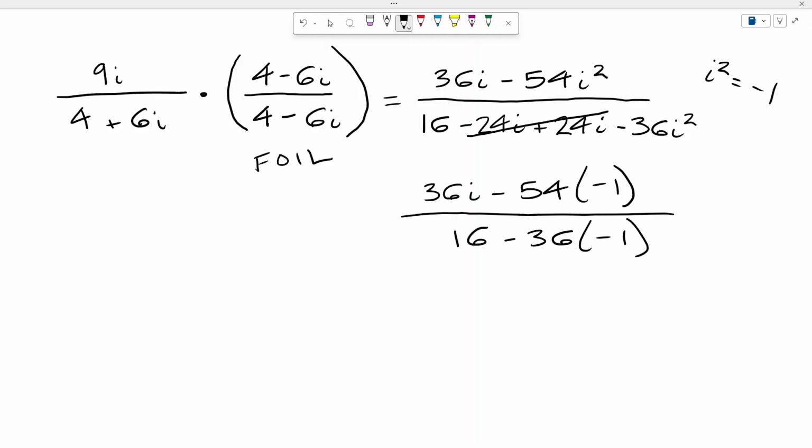So we were able to get that cleared out, and we're rewriting the i squared as a negative 1, so we're getting the i squared cleared out. So let's get this simplified down. So we have 36i, and then we have 54 times negative 1, so that's negative 54. So minus a negative 54 will become plus 54.